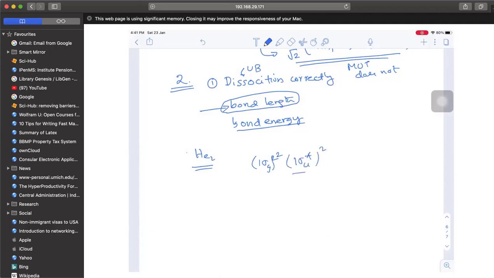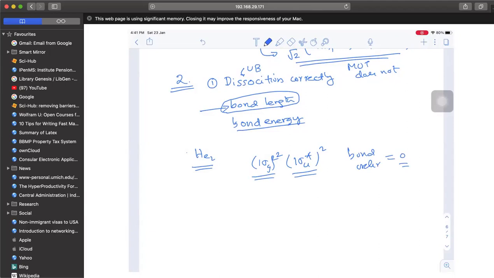So the antibonding molecular orbital has 2 electrons, and the bonding orbital also has 2 electrons. So bond order will be equal to 0, which says that there is no bond and the molecule is not stable.